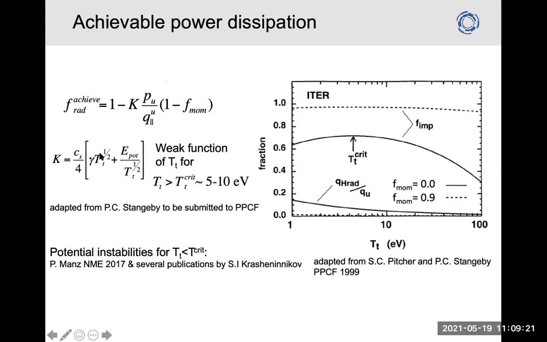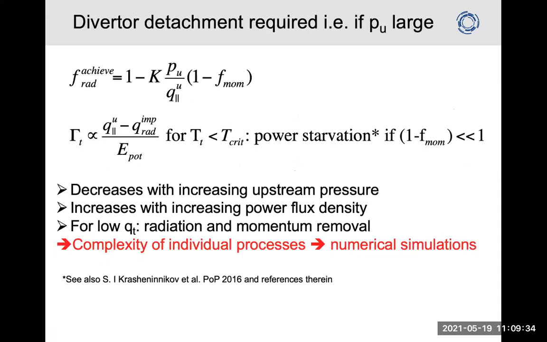So this formula here has some bifurcation when you plot it. And there's a lower temperature branch of this formula, which leads to this expression here. So for low temperatures, once you have reached these low temperatures, the particle flux to the target is limited by how much power you have radiated.